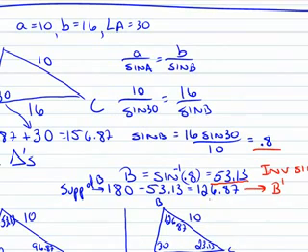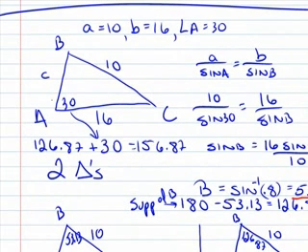Does that make a valid triangle? Well, it has to not be so big that when you try to put it together with a 30-degree angle, you end up bigger than 180. So we added it to 30 up here to check, and we found 156 leaves room for a third angle to get us to 180. So that means there is a valid second triangle. Wow.